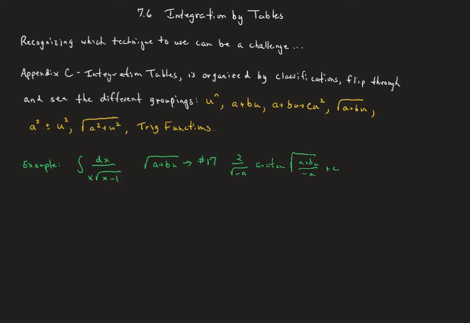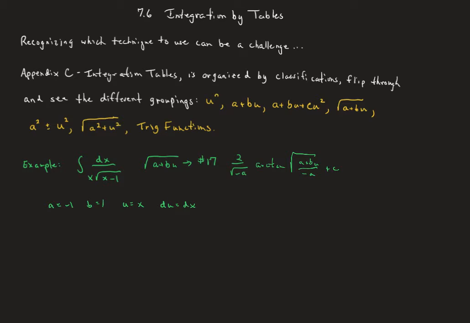What I would expect you to do is to communicate what the a is, what the b is, what the u is, and what the du is. In this particular case, a is going to be negative 1, and b is going to be positive 1. Our u, which is a function, is just x, and that makes du equal to dx.